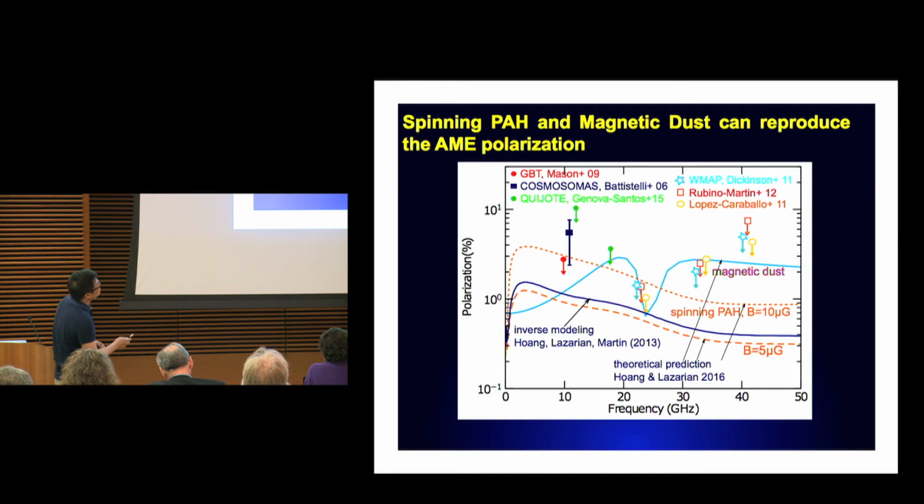Interestingly, this feature in observational data can be reproduced with the polarization from magnetic dipole emission here. You might criticize that this level of observational data is much above the level of predicted polarization. Fortunately, the latest result by QUIJOTE shows that the polarization at this frequency is much lower, so it would be here, and so it becomes more consistent with our prediction.